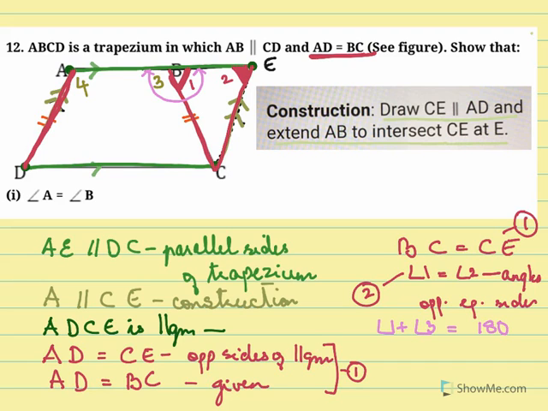You know the adjacent angles of a parallelogram will always be supplementary. So I have this angle 4 plus 2 will be also 180, and the reason, adjacent angles of parallelogram.